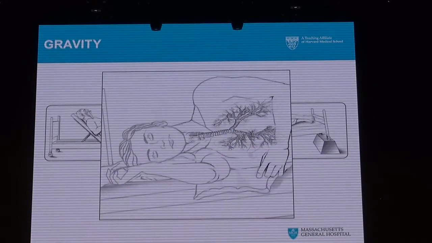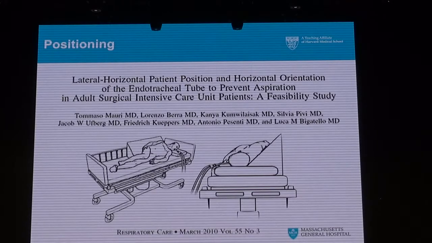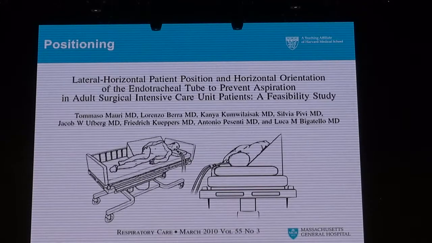These are methods that can help clear secretions without aspiration. This was a feasibility and safety study we conducted, and we showed a decrease in aspiration by measuring amylase and pepsin, which are markers for aspiration, in patients in the lateral position in the ICU.